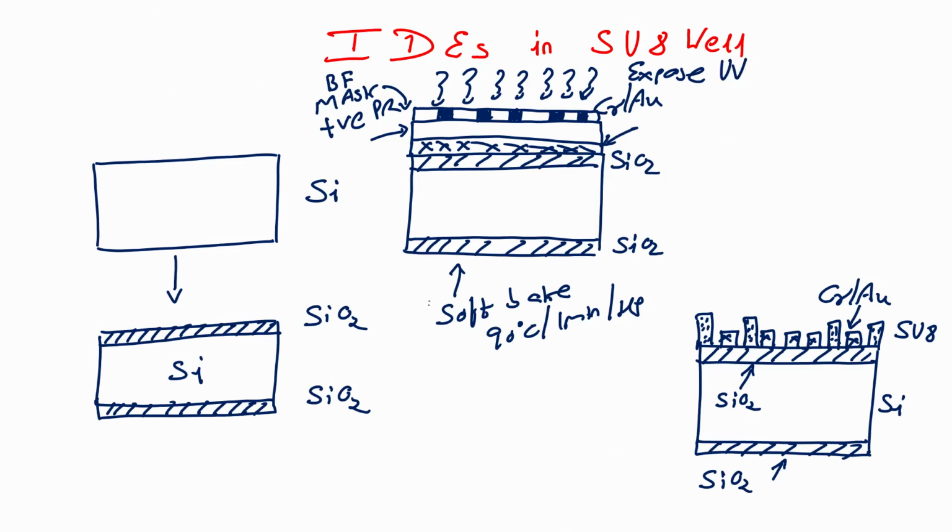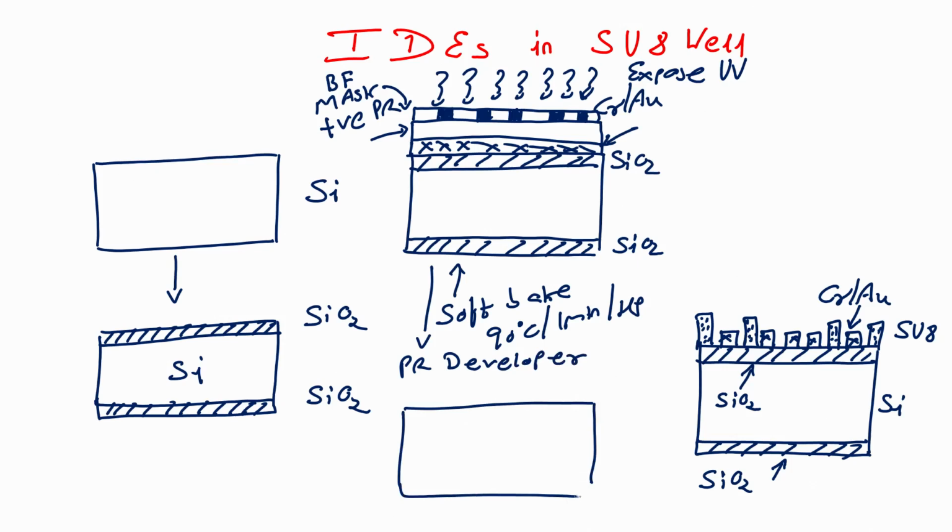After exposure, next step would be PR developer, right. When we develop in photoresist developer, what we will see?